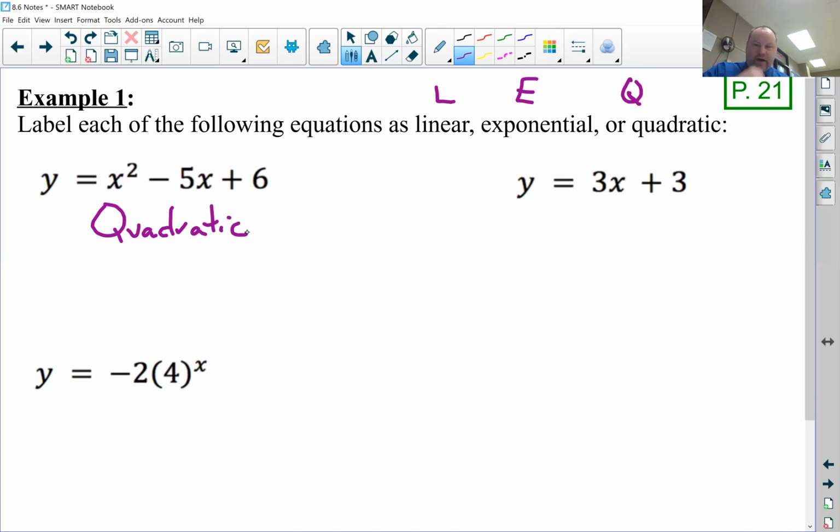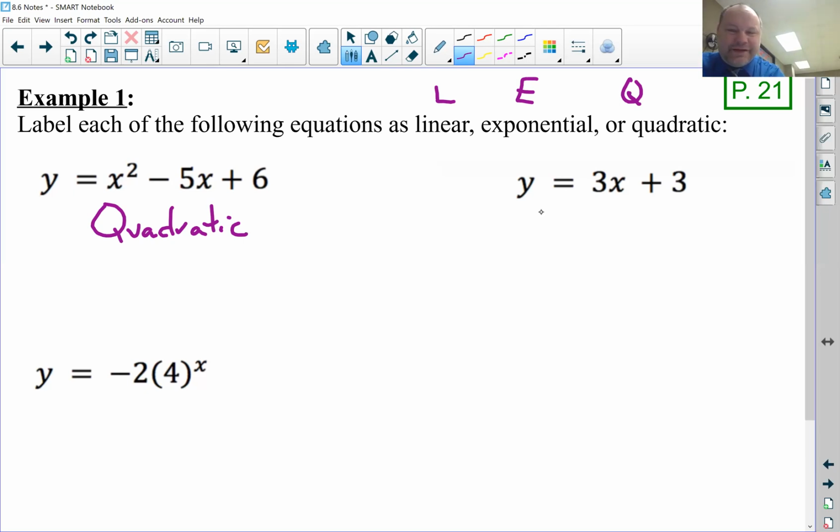Quadratic. How about 3x plus 3 moving across there? Linear, exponential, or quadratic? All right, a few more participants. Excellent.